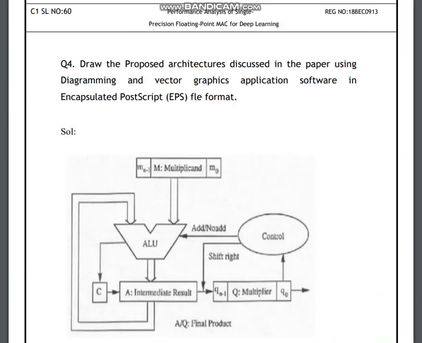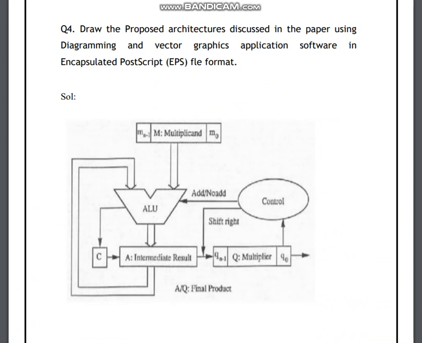Now, the proposed architecture, as we saw before, is a similar architecture with a few technical specifications added for better understanding and better learning of the topic that I have chosen.